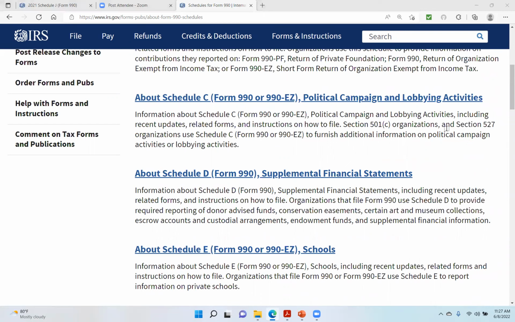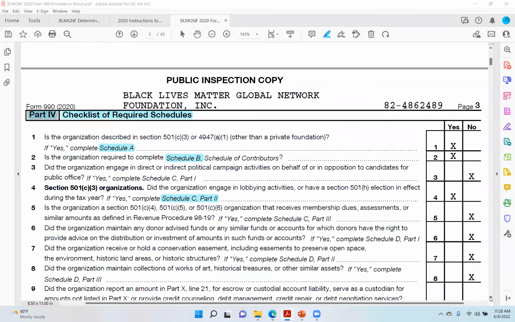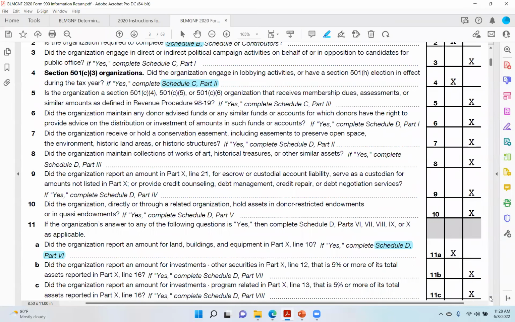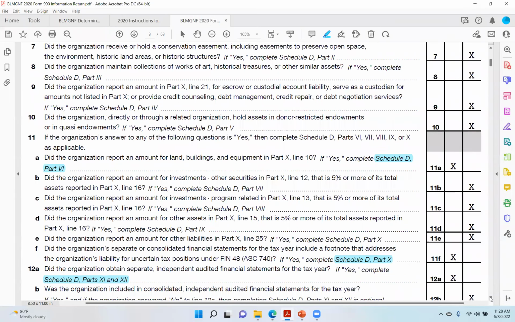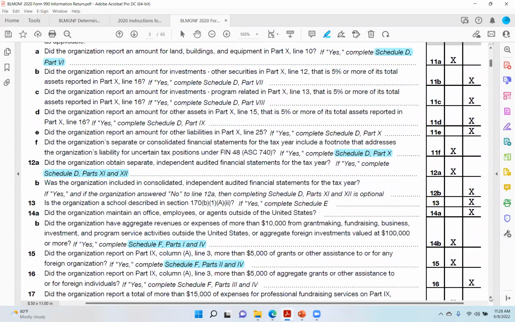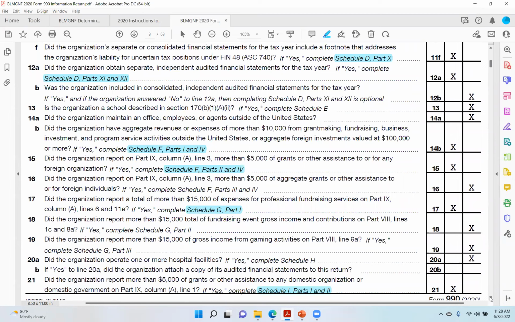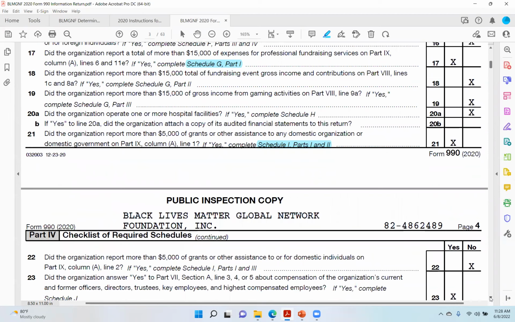So let me go back. I'm back to the Form 990. Let's look, y'all. I'm scrolling down. Maybe I didn't go far enough. 20, 21. Okay, let me keep going. Oh, okay. My fault. I didn't go far enough down.